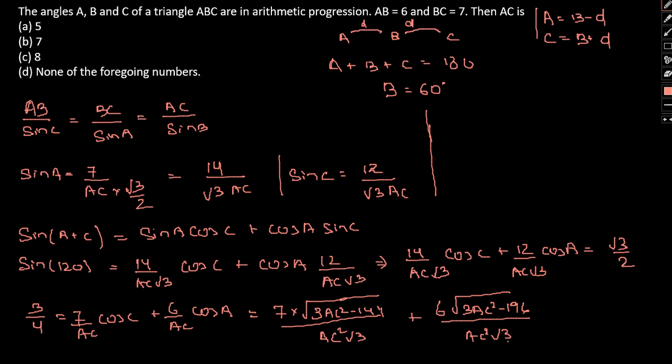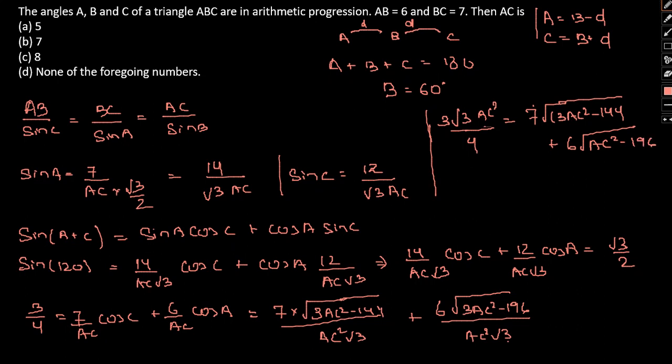In this part, let me just go with the same. We have 3 root 3 square by 4 equal to 7 root 3AC square minus 144 plus 6 root AC square minus 196.